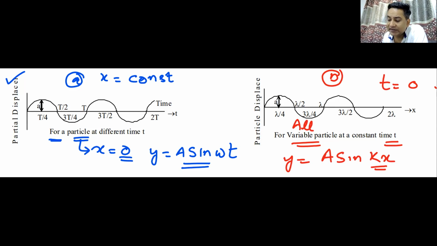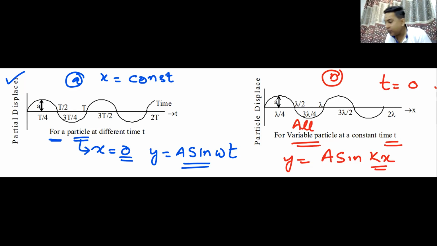Do we understand this? Can I have the raised hands from all of you that we understand this? I will get a snapshot, a picture of the wave. This is how the wave looks when I take the picture at any given time. So this is the thing that I wanted to tell you.